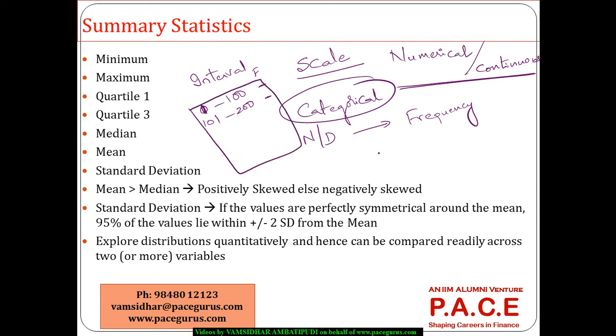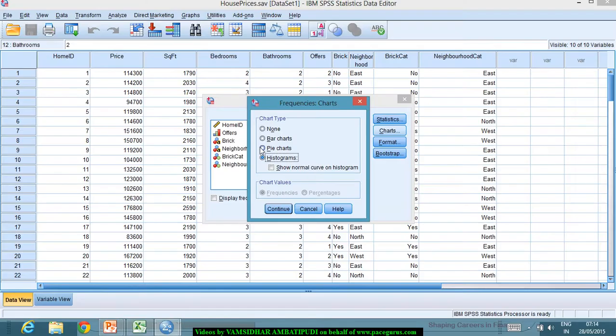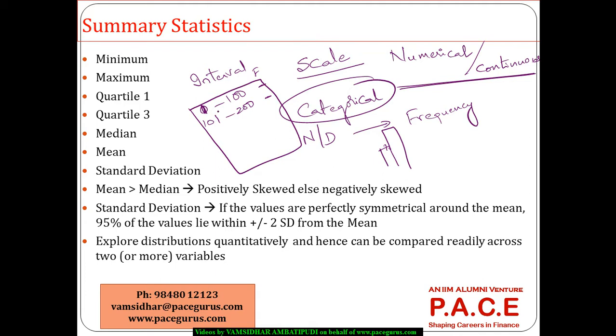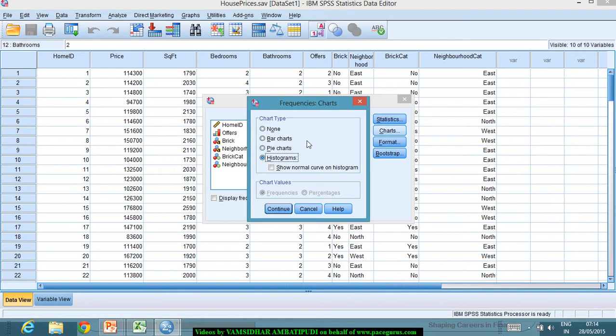A simple rectangle kind of graph is plotted using these class intervals, which is called a histogram. This is applicable again for quantitative data only, not for categorical or discrete data.